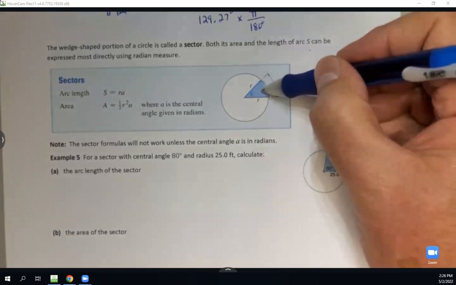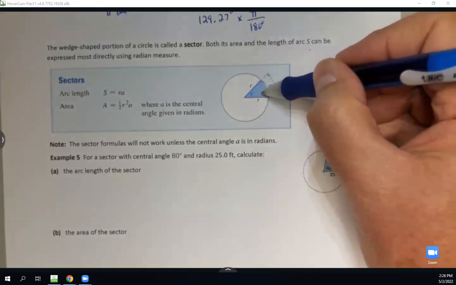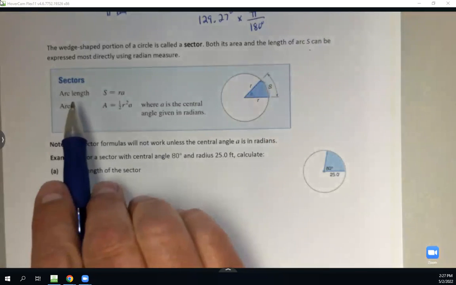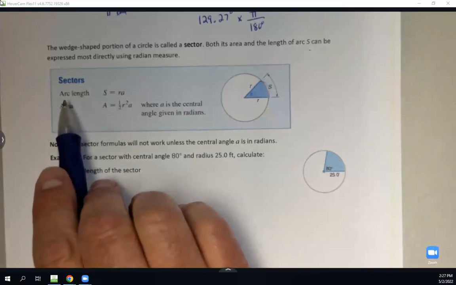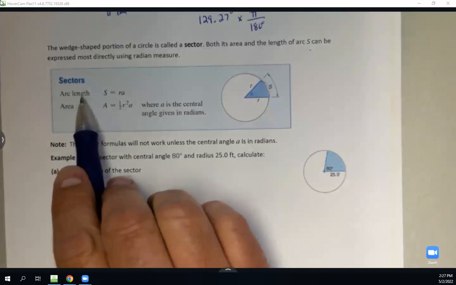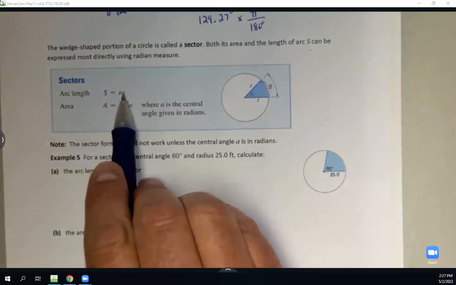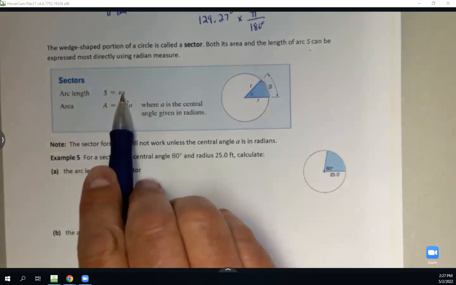And I can also find the area of that wedge, of that sector, by using radians. And so we have these formulas, okay? So the arc length S is equal to the radius times the angle, where the angle is in radians.